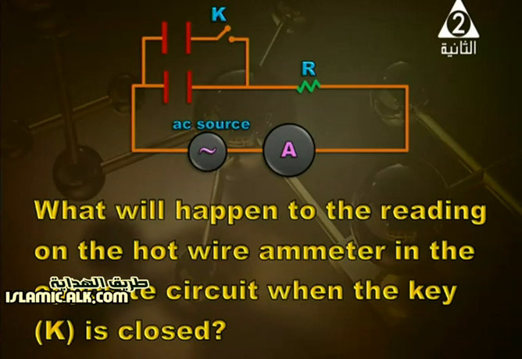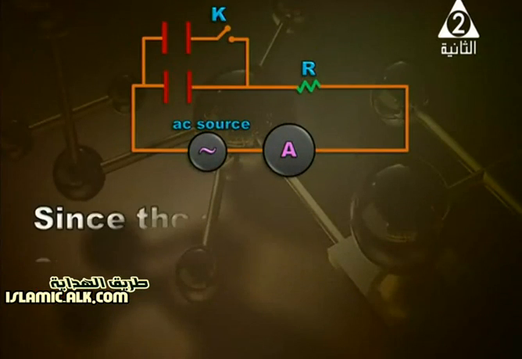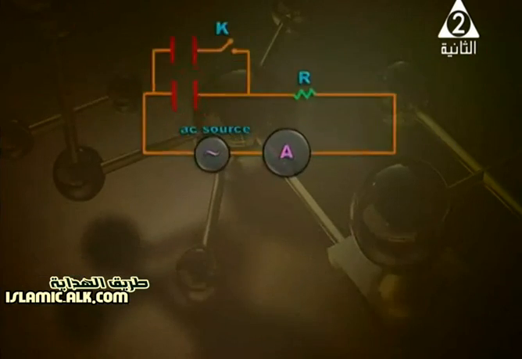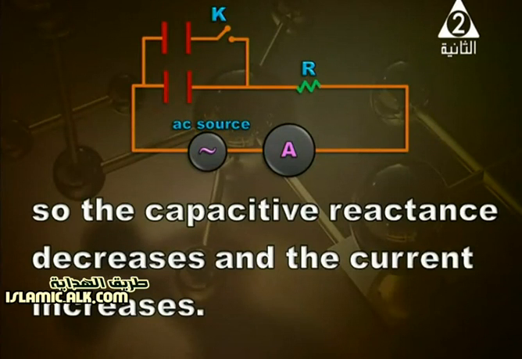So the current increases. Since the capacity of the capacitors increases when connected in parallel, the capacitive reactance decreases and the current increases. So the reading on the ammeter will be increased.